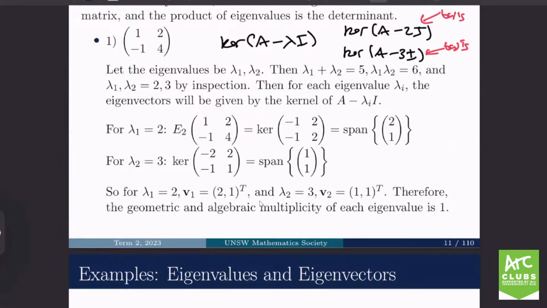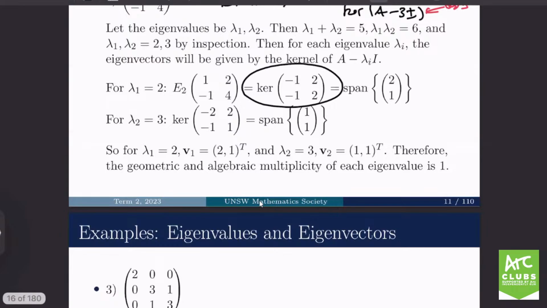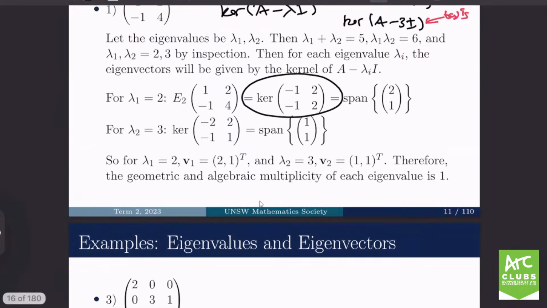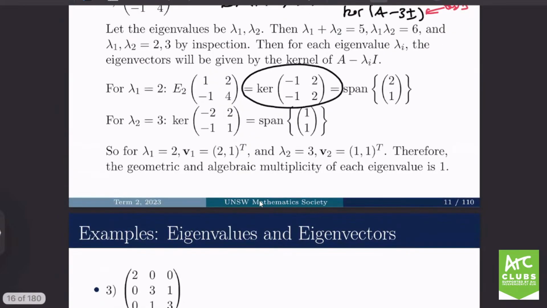If we look at this kernel, we're solving for which non-zero vectors make this equal to 0. You can see that in this case, if you row reduce, you'd get -1, 2, 0, 0.